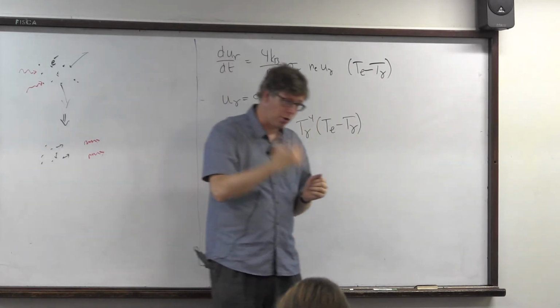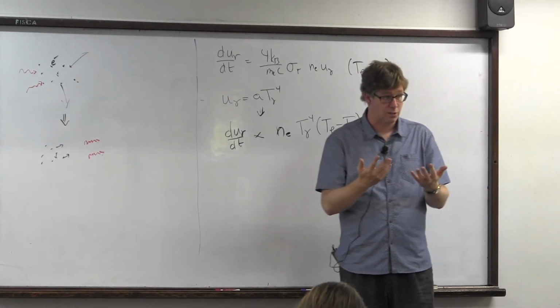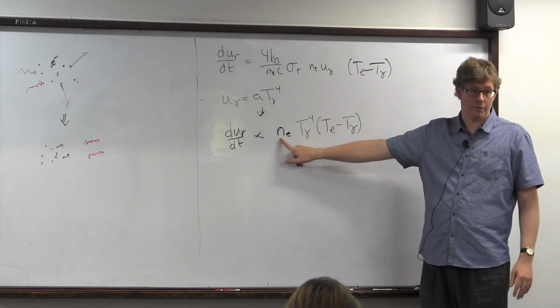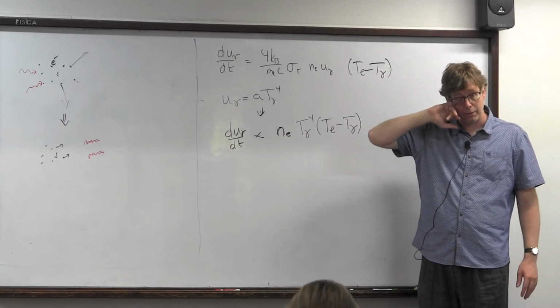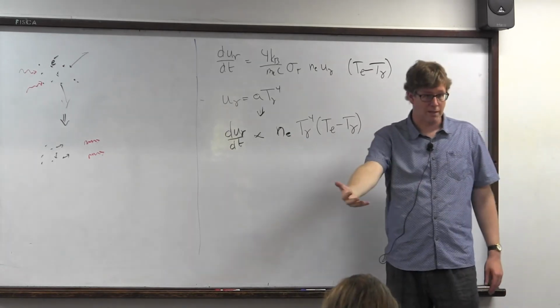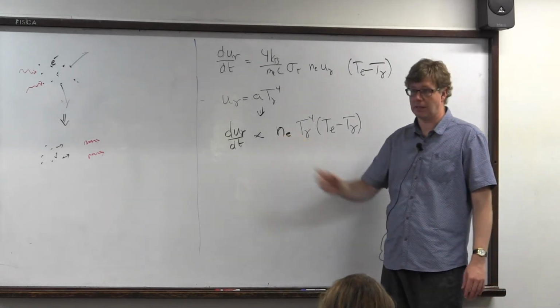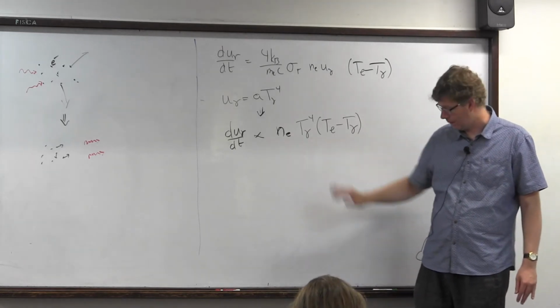As you go down to lower and lower densities, it becomes much less efficient because it depends on density squared. This process depends only on density to the 1st power. So this process will be efficient at much lower densities than all the other cooling processes because it only depends on density to the first power. So that's one important thing.